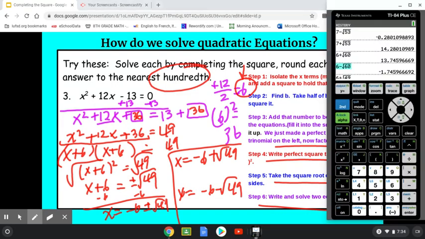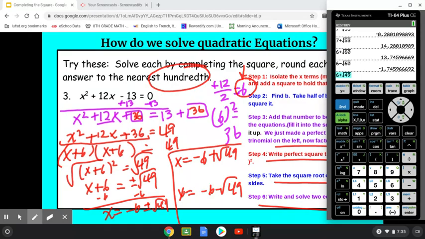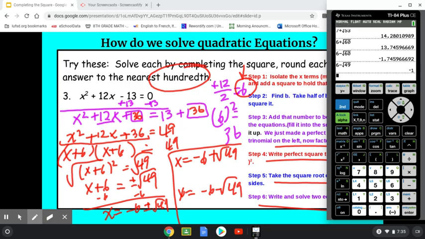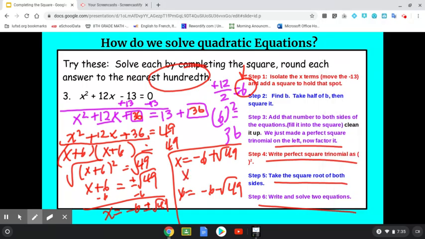So plugging it into our calculator, negative 6 plus radical 49. You're going to get 1. So you get x equals 1.